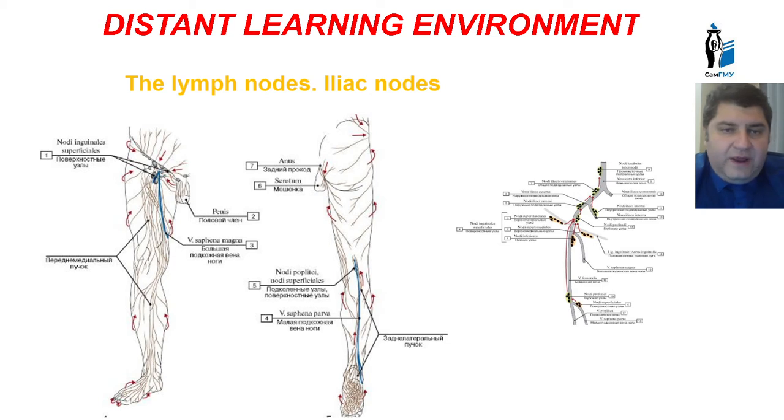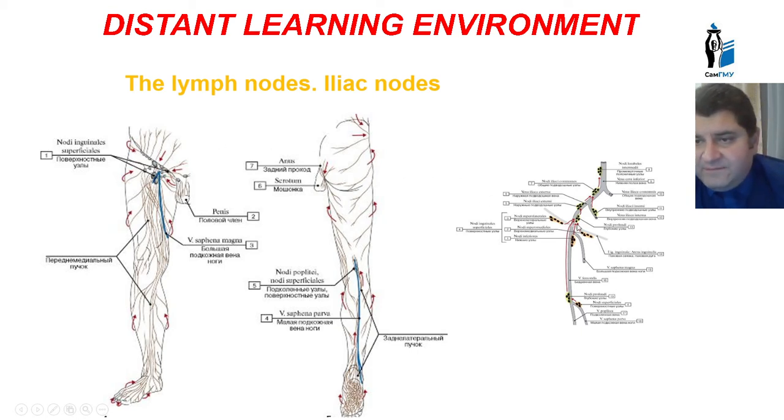We can also have information about iliac nodes in this picture, and let's pay attention to the right picture. You may see superficial nodes like here, and we can see that the lymph passes into these nodes not only from the lower limb, but also from external genital organs, and from the anterior abdominal wall and pelvic wall.